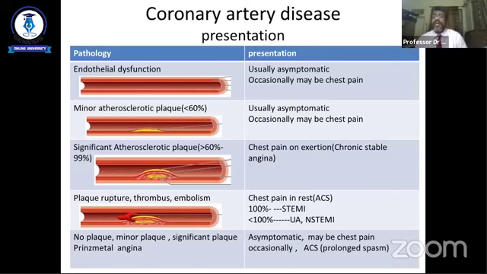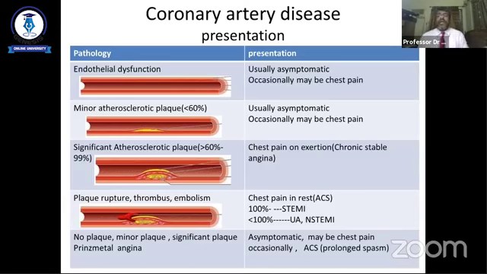This leads to total obstruction of the blood flow through the coronary artery, and that leads to severe ischemia of the myocardium, especially the myocardial muscle cells.